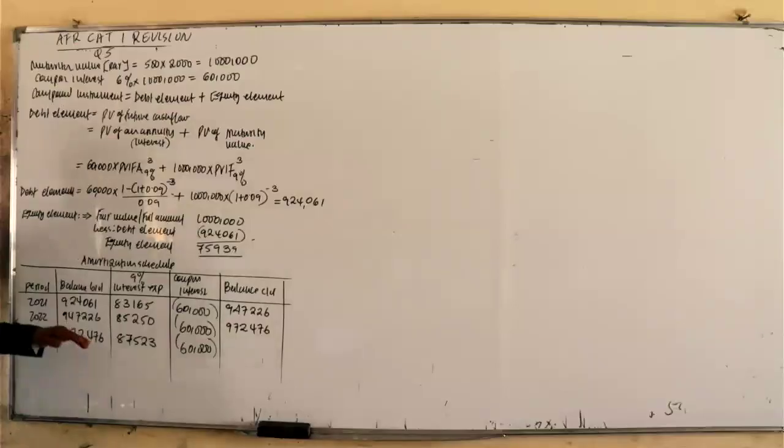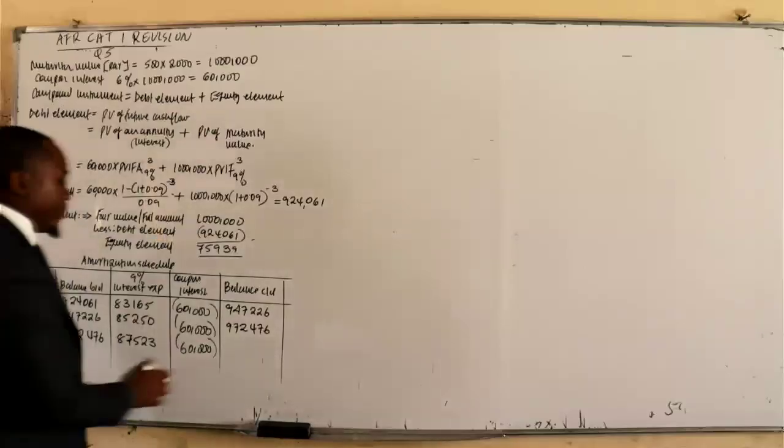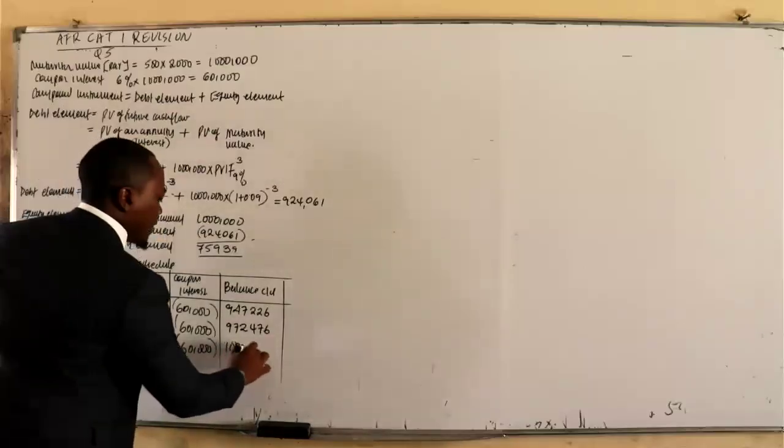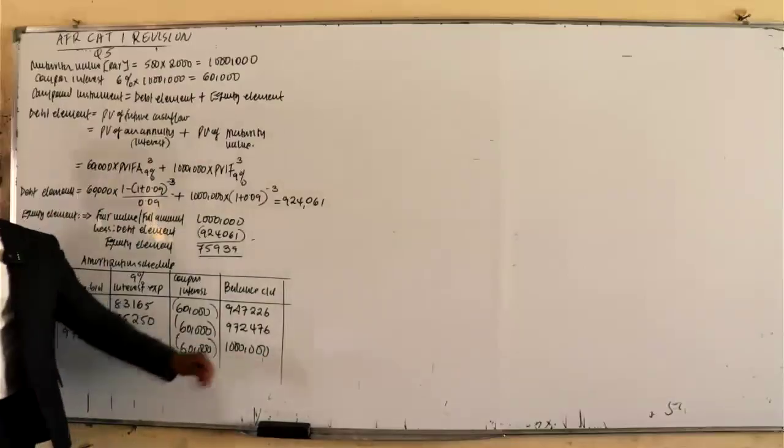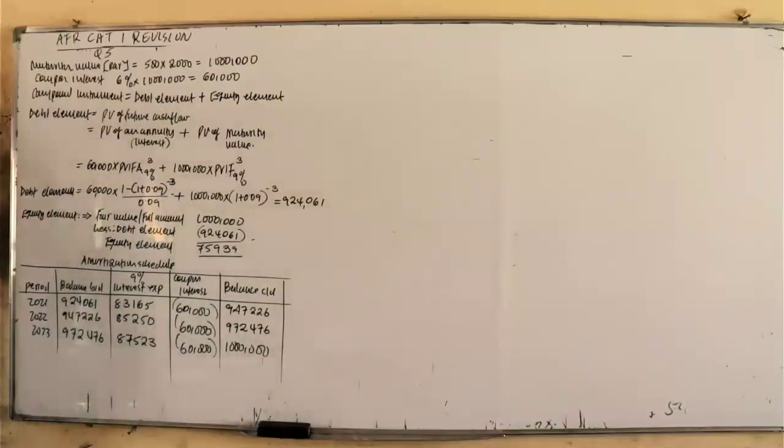523. Take the opening balance plus the interest for the year. You deduct what they have already paid. You get a figure close to 1 million, of which this 1 million was the maturity value. So what was the question?